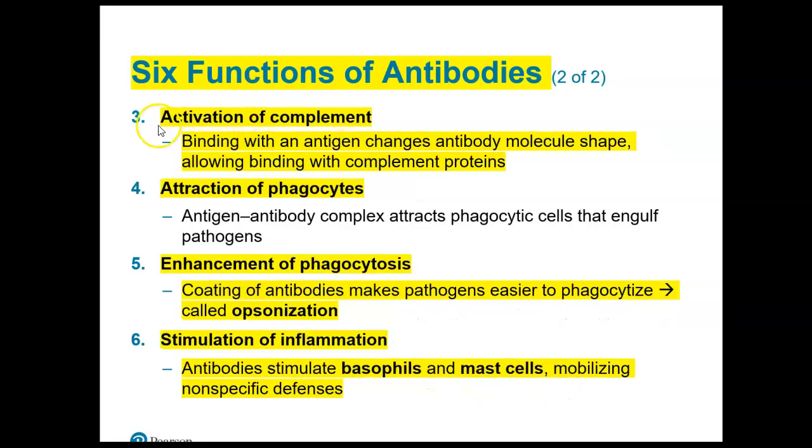Then the third function of an antibody is to activate complement, and complement is part of the innate immune system. Remember how we talked about that the innate and the adaptive immune systems are independent of each other, but they also work together. So here's an example where you have the adaptive immune system causing activation of part of the innate immune system.